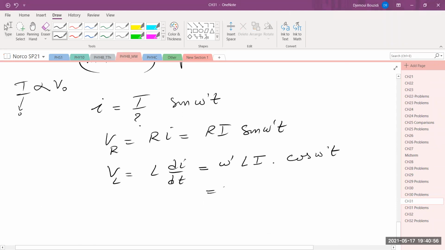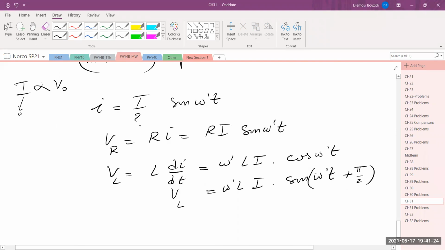So this will become omega prime Li times a sine of omega prime t, because I want to keep it in the same spirit as the current, but I need to add to it pi over 2. So it looks like the voltage across the inductor is the same as the voltage across the resistor, but shifted by 90 degrees upward.